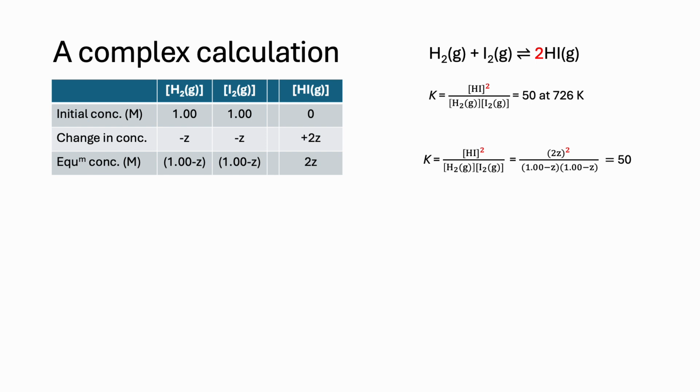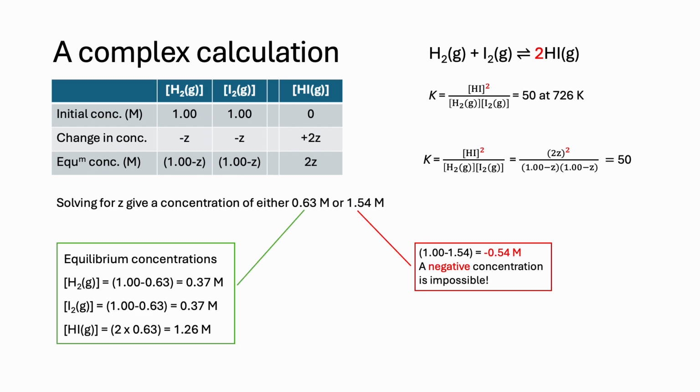Substituting these values into the equilibrium expression results in a quadratic equation. Solving a quadratic equation gives 2 answers, one correct, one incorrect. In this case, Z is solved mathematically to give either 0.63 molar or 1.54 molar.